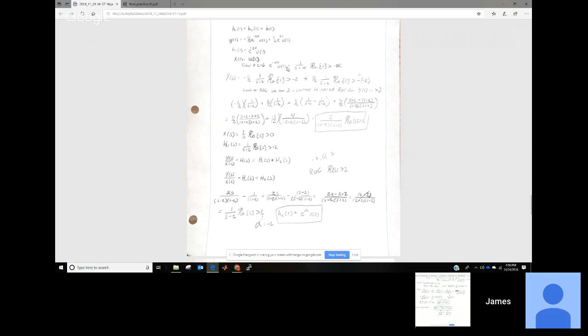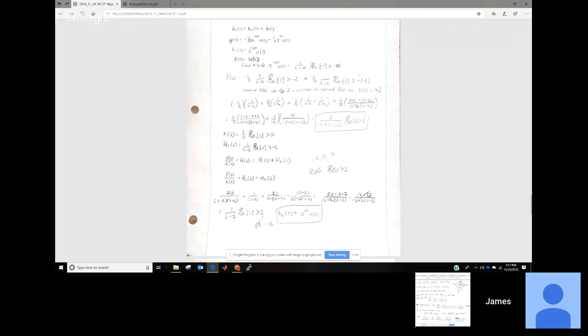So that just transforms straight up to -1/2 times 1 over s plus 2, which is only valid if the real part of s is greater than -2, plus 1/2 of 1 over s minus 2, and that's only valid if the real part is greater than 2.